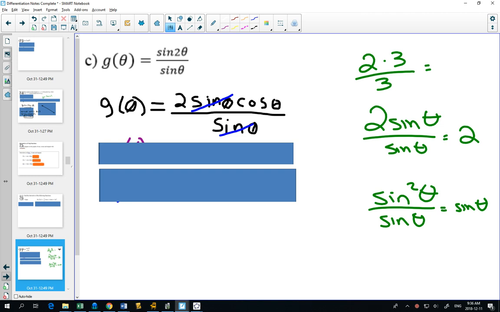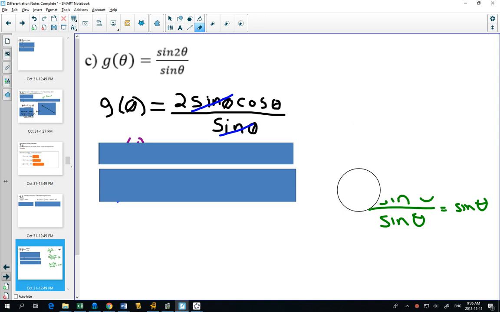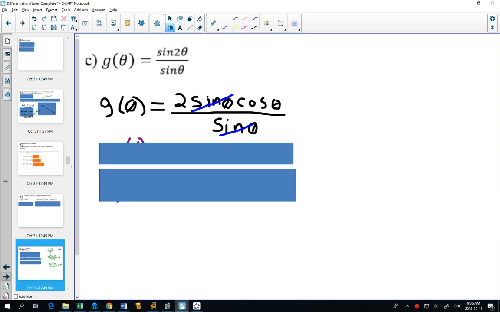No, this is 2. They simplify, the 2 stays. So sometimes if you're unsure of something algebraically, because you're dealing with functions, think back to numbers, think back to the rules you would have with regular numbers, and you can see why it works. So then we have just 2 cos theta.